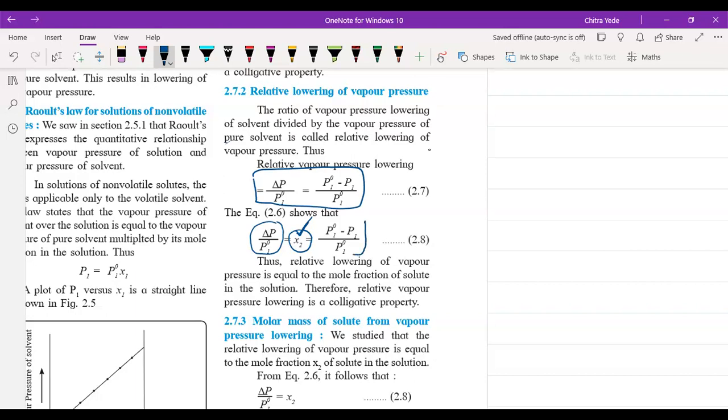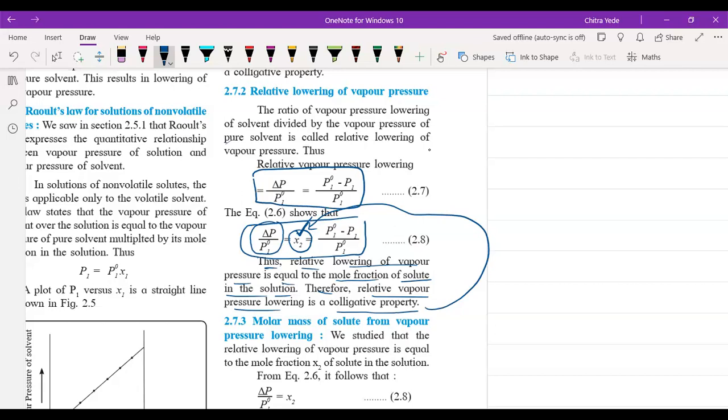So the relative lowering of vapor pressure is equal to the mole fraction of the solute in the solution. Therefore, relative lowering of vapor pressure is a colligative property. Colligative means it depends on the amount of matter of the solute that we dissolve.